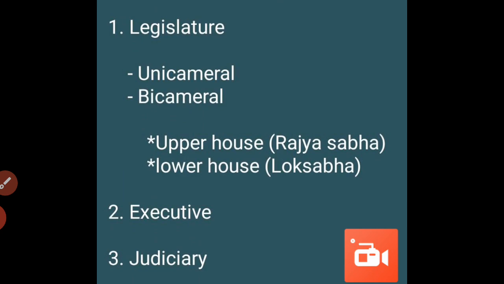And third, judiciary. The first two, legislature and executive, we study in detail in this chapter. And the third one, judiciary, we will study in detail in chapter 11.